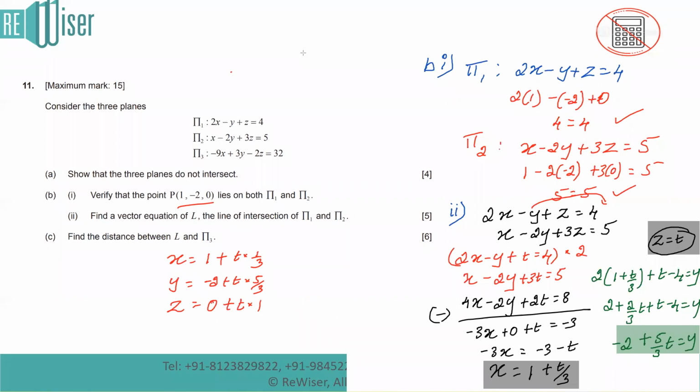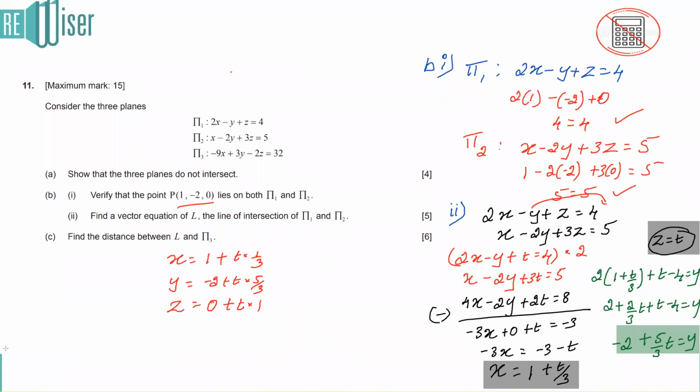So whenever you have it like this in the parametric form, we need to find the equation of the line in the vector form. Equation of L is R, or you can also say it as (x, y, z). R equals the position vector (1, -2, 0) plus t times (1/3, 5/3, 1).